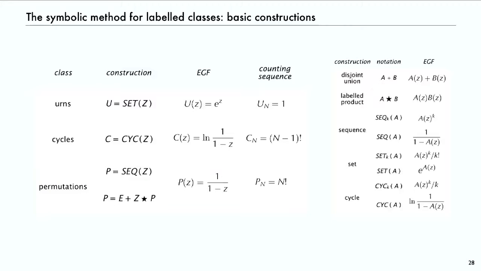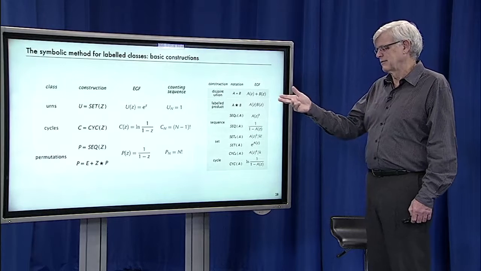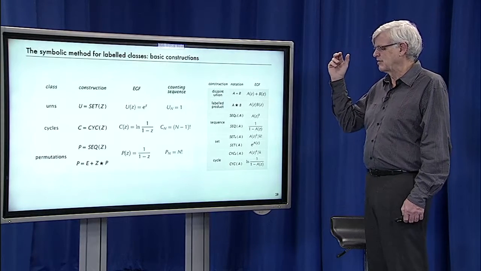Permutations: as with bit strings, there are two different ways to define permutations. You can say a permutation is a sequence of atoms, and then read immediately from the transfer theorem that the generating function for permutations has to be 1 over 1 minus z. Or you can say a permutation is either empty or the star product of an atom and a permutation. And that will generate all possible permutations.